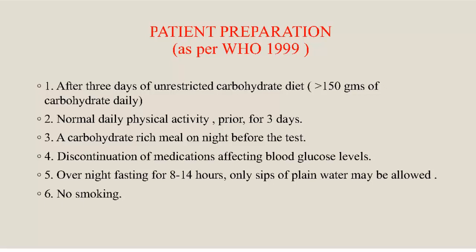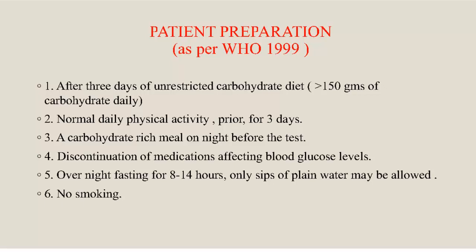First of all, the test is done after 3 days of unrestricted carbohydrate diet. What does unrestricted carbohydrate diet mean? That is more than 150 grams of carbohydrate daily. You have to consume it for 3 days, and thereafter on the 4th day, you are asked to do the OGTT.